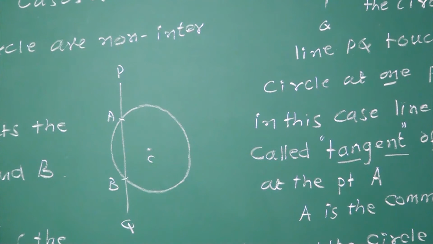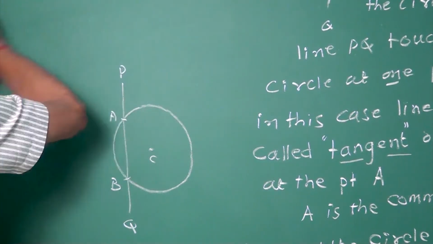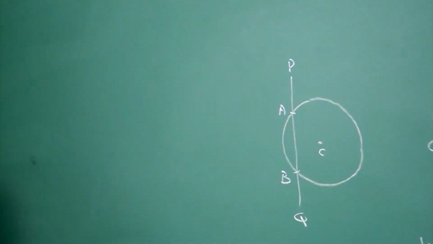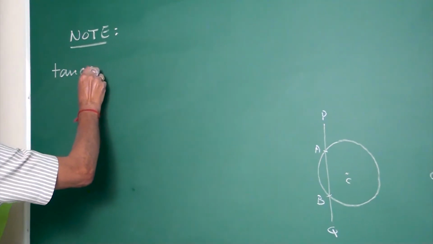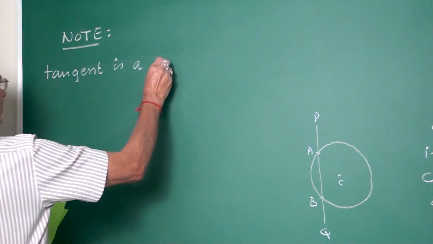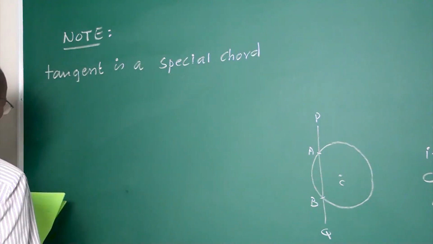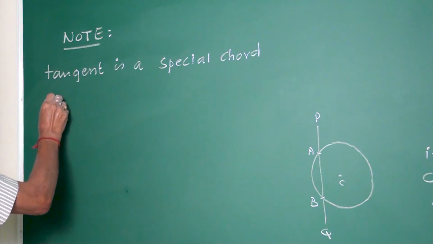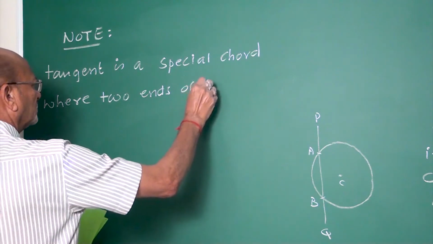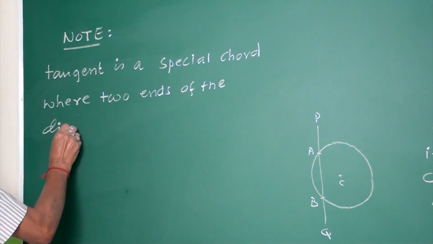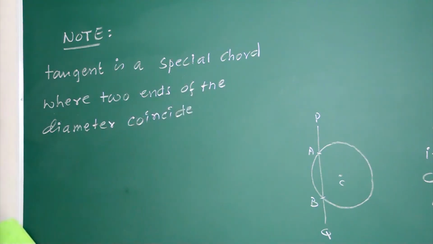Therefore, tangent is a special chord where the two ends of the chord coincide.